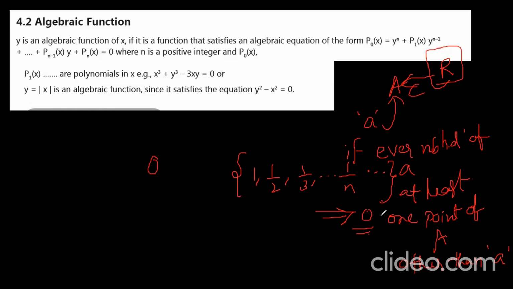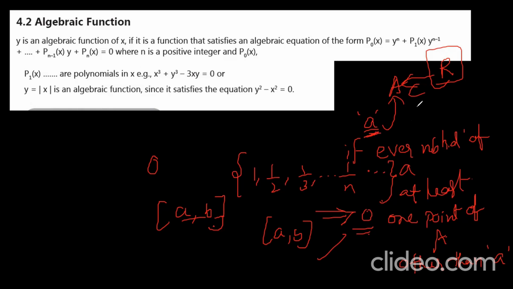Suppose I take every point of (a, b). Is it a limit point of (a, b)? Yes, because both endpoints are included. So this is the main limit point concept. Let A be a subset of R. A point a is said to be a limit point of the set A if every neighborhood of a contains at least one point of A other than a.